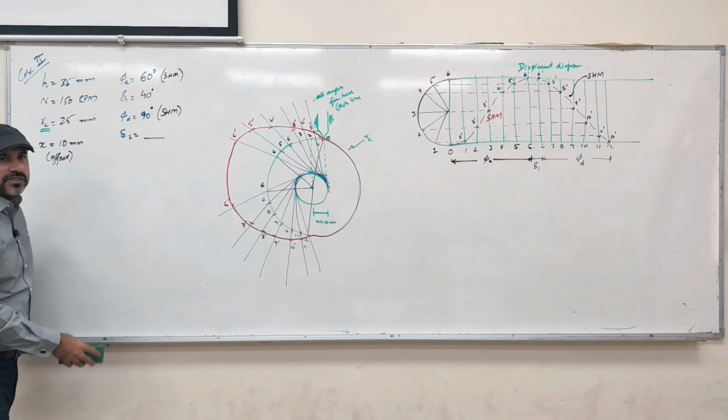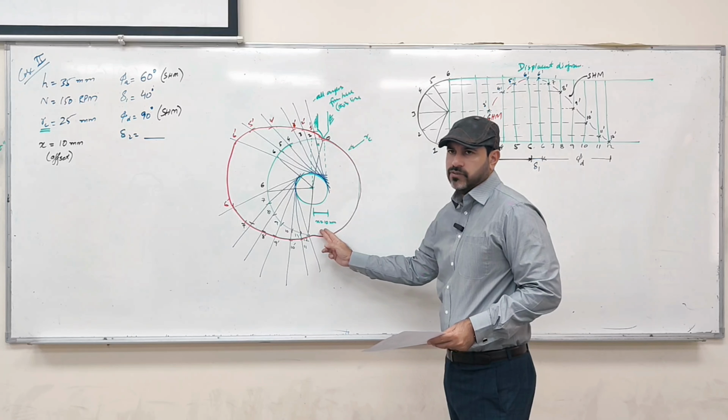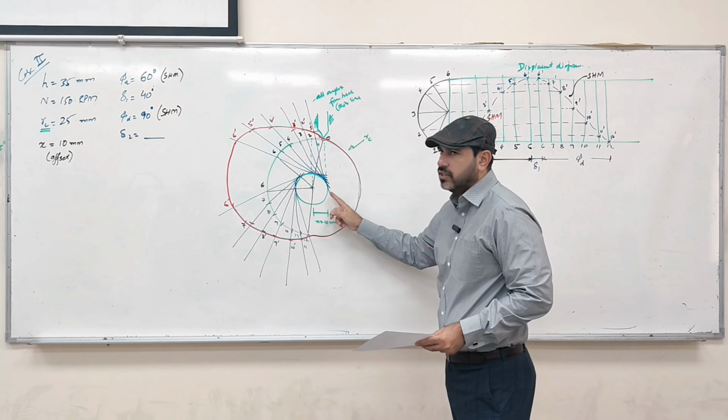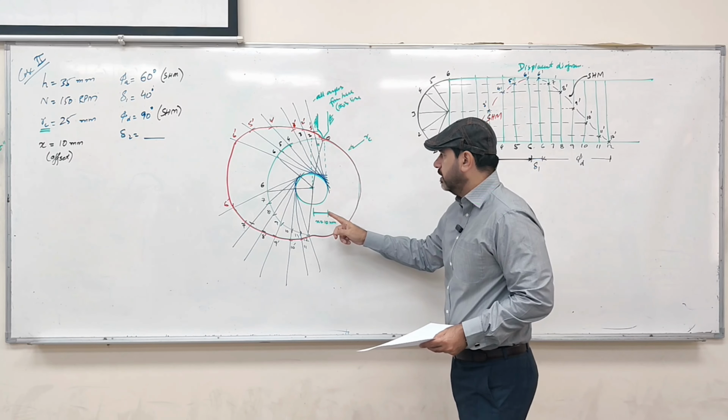So we draw the minimum radius, RC, we draw the offset radius over here, okay? Then we draw the perpendicular line, which is touching this point. When we got this point, this is the line of the follower. You can see it is offset 10 mm. And we draw a circle of this 10 mm over here.